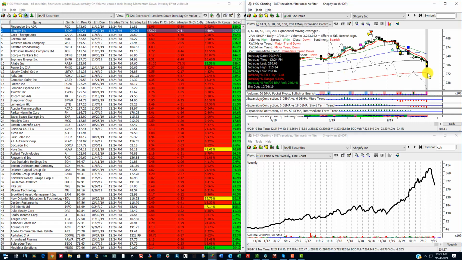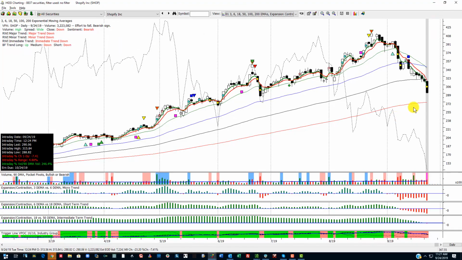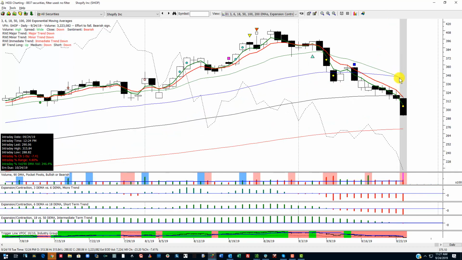Under folder number 1. And it is not going to be in place much longer, but here's the 200, here's the 100, here's the 50, and here's the 18. This was as of last night. The fan was still in place because the 18 had not gone down through the 50, but you can see today that it has. Right here, you can see that it crossed over today.